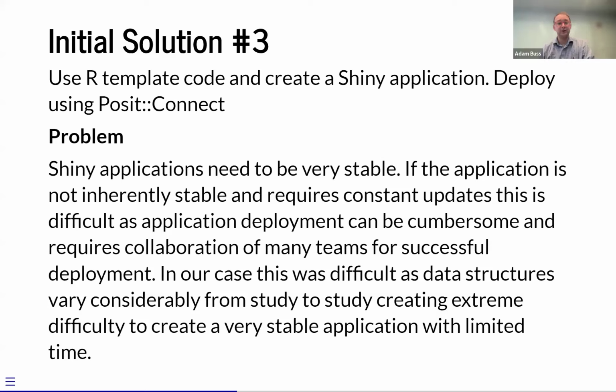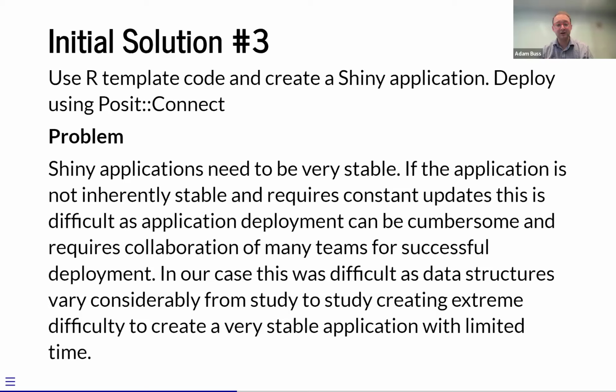So our third solution was we still had the R template code, and now we tried to mold this into a Shiny application and deploy this using Posit Connect. This was great because it allowed us to continue to use our R code and connect everything together. But in my experience, Shiny applications can be very difficult when you're constantly having to update. Like I said earlier, our data would a lot of times come in a lot of different formats, and we would want to streamline similar insights but have different data formats, which made it really hard to clean the data the appropriate way we wanted to clean the data.